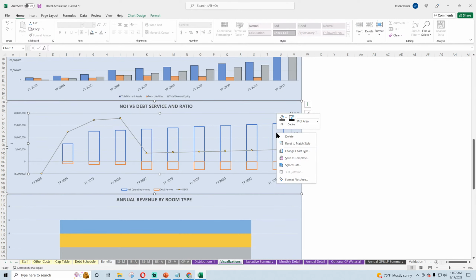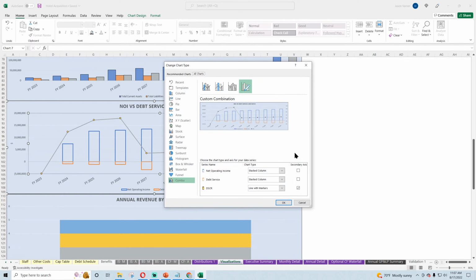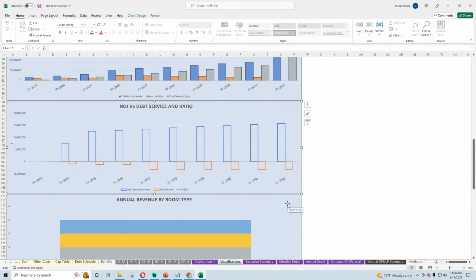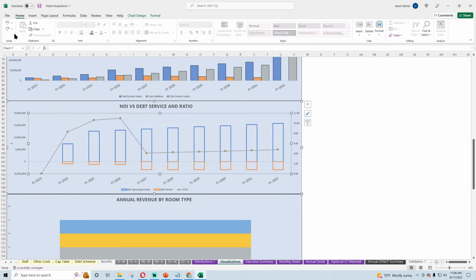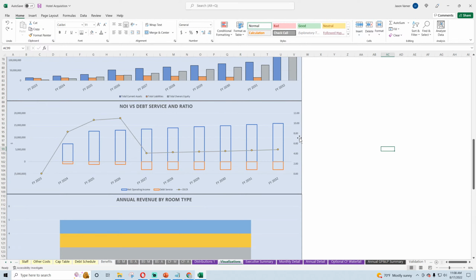Why are these transparent? I mean, I guess it's fine.